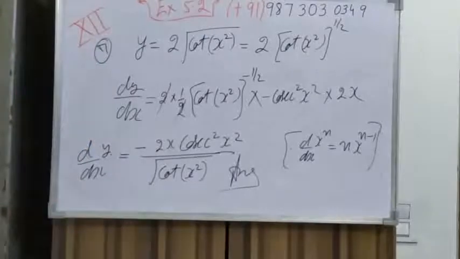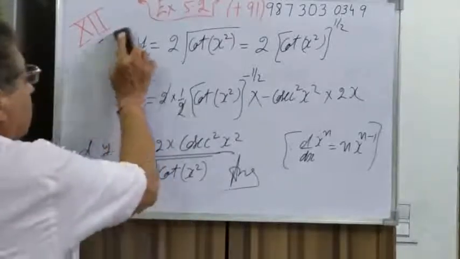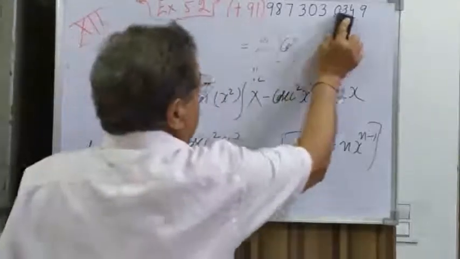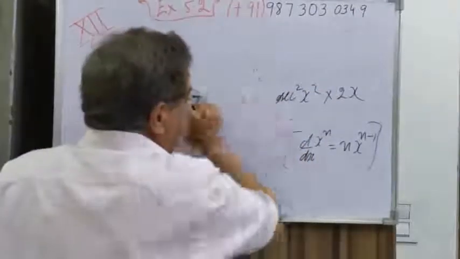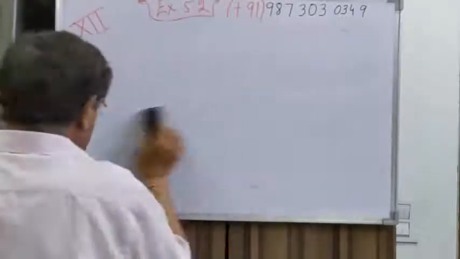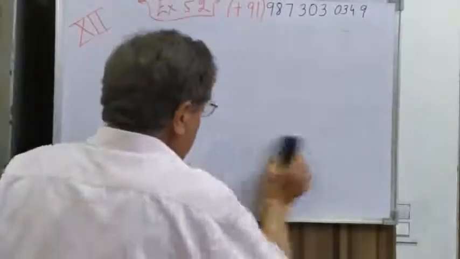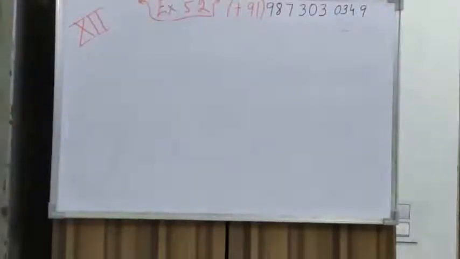In this way, most of the important questions of exercise 5.2 we have solved here. You only have to remember the basic formula and the chain rule, how to apply the chain rule during differentiation. That is the most important thing in this exercise 5.2.